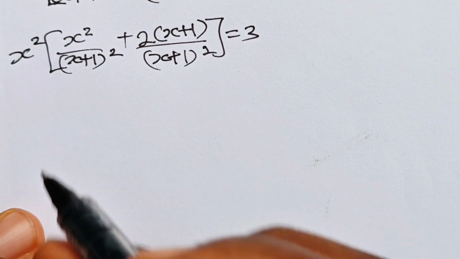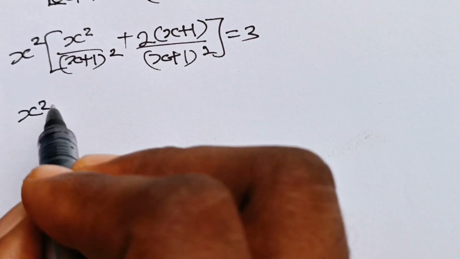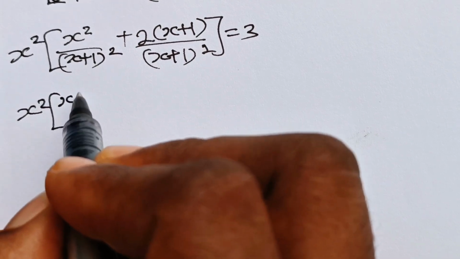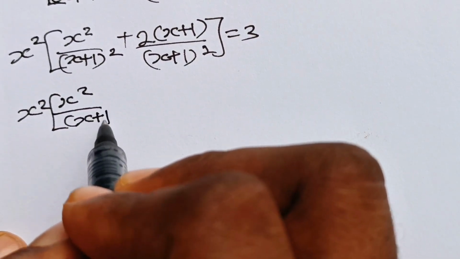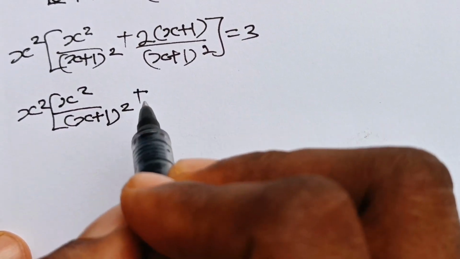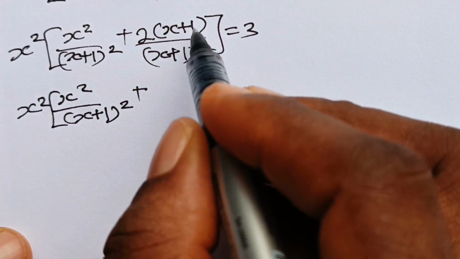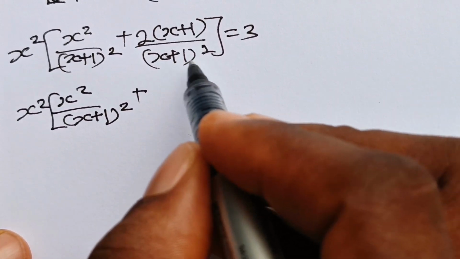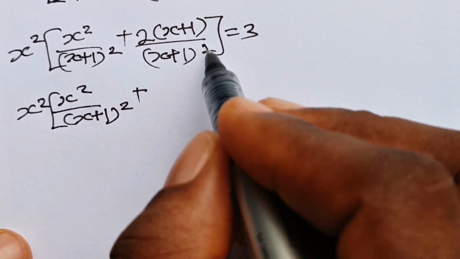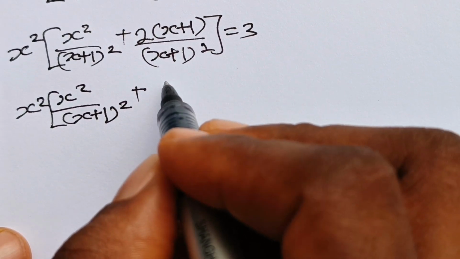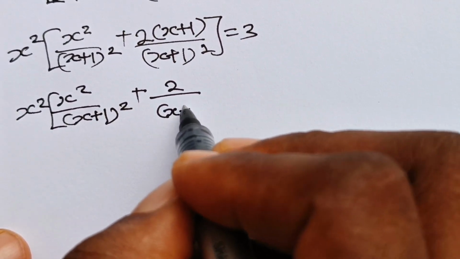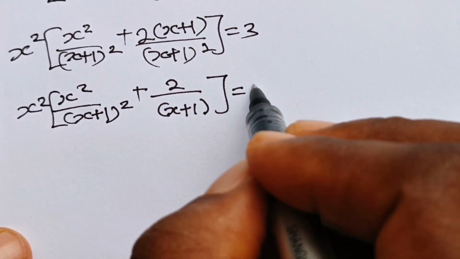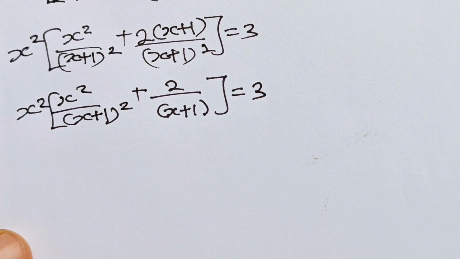Okay, now we have x squared into, we have x squared divided by x plus 1 squared plus, now here we have 1 x plus 1 and we have double of it here. So 1 will cancel, 1 remains as denominator. So we have 2 divided by x plus 1 remaining, okay? And this is equal to 3.